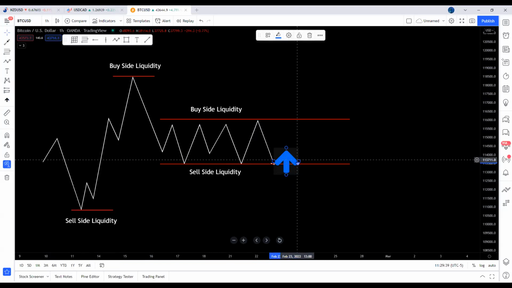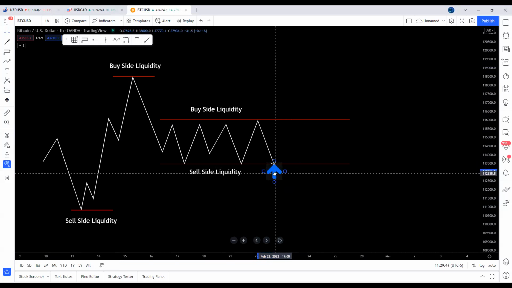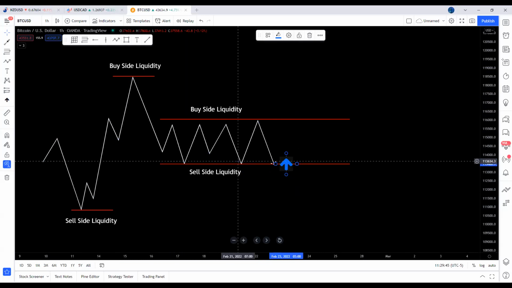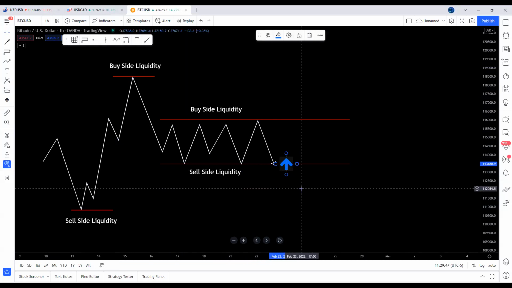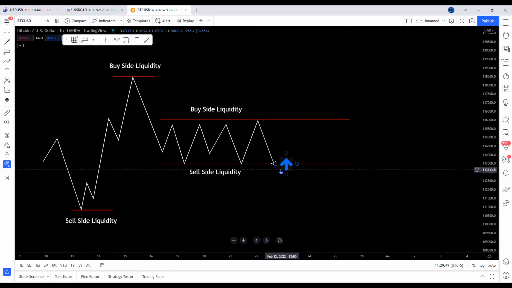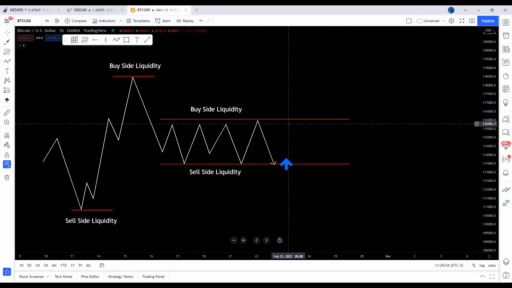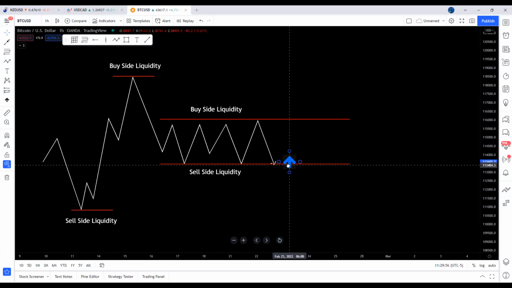There are going to be some people that buy at this point because they think, okay, this is the third tap on resistance, support. So they're going to say, all right, price is going to buy from here. So I'm going to buy, and they're buying off of resistance and support, right?